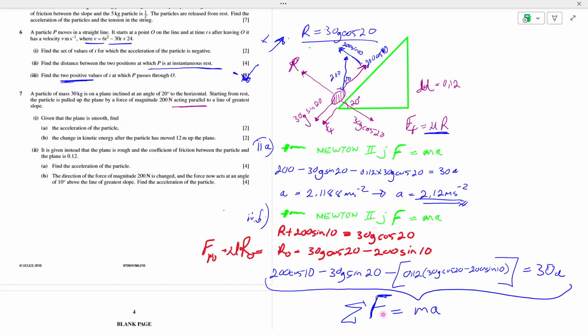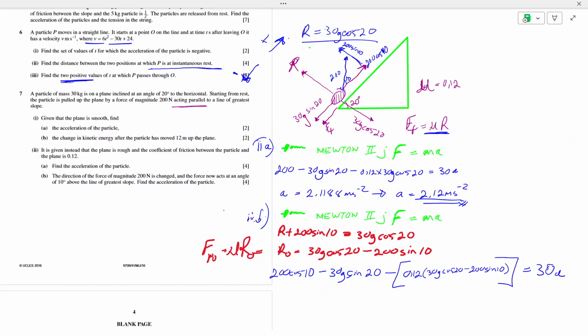When I add them up, considering their directions, since force is a vector, I'm going to get an acceleration, if they are not balanced. If they are balanced, then there will be no acceleration. But in this case, it already says find the acceleration, so we know they are not balanced.